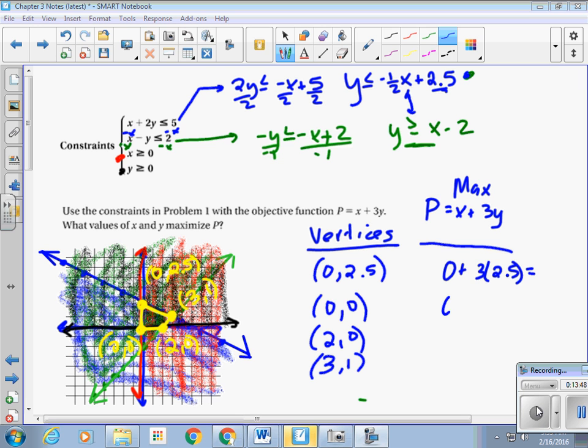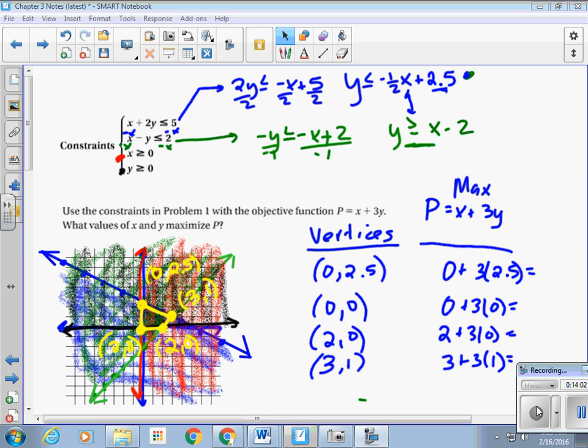Then 0 for x and 0 for y. Then 2 for x and 0 for y. Then 3 for x and 1 for y. And we're going to see which one of these gives us the max.